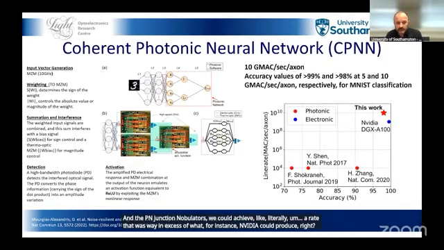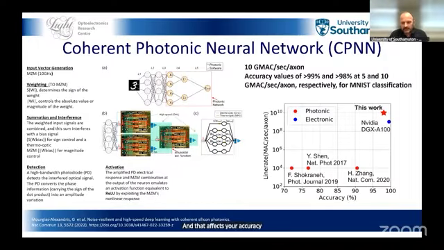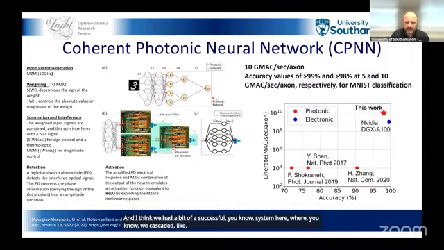With quite a good accuracy as well. One of the problems with analog computation is noise, and that affects your accuracy. How do you deal with that? This is a complex problem that needs to be addressed. And I think we had a bit of a successful system here where we cascaded different types of Mach-Zehnders and we tried to achieve this coherent photonic neural network.